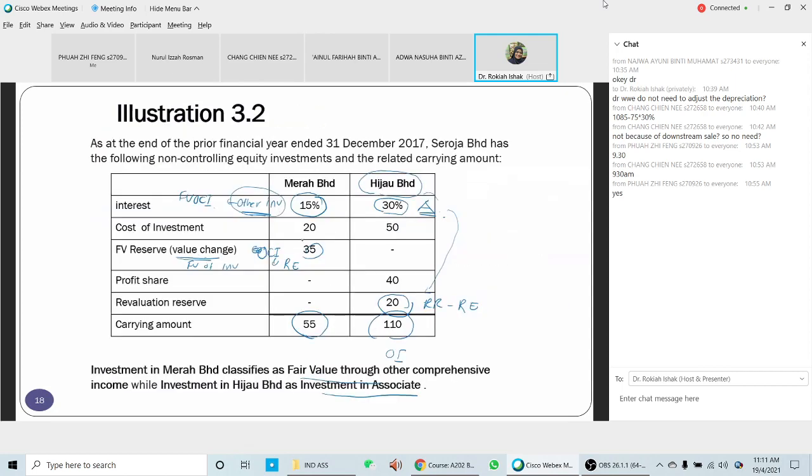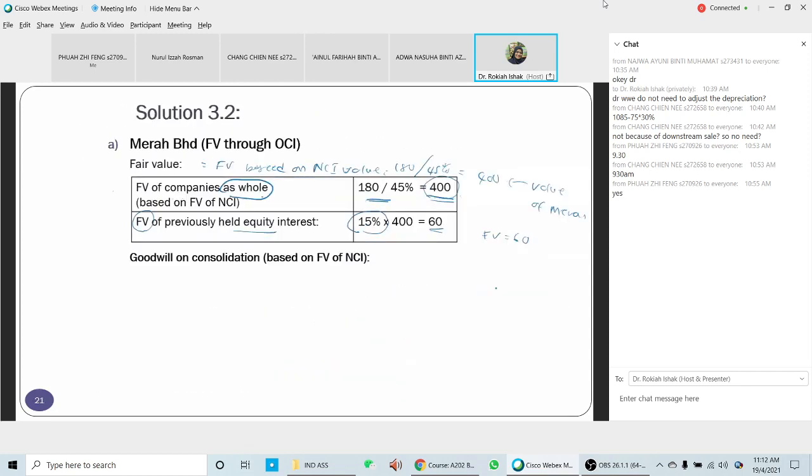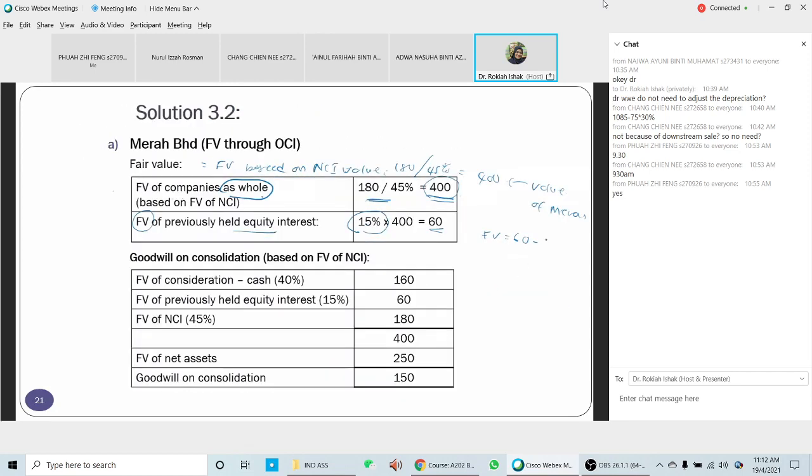The carrying amount for Merah is 55. So minus 55, you're going to have the gain on remeasurement, which is 5. That's why we need to calculate the fair value here. The carrying amount is already given. So we have a gain on remeasurement of 5.